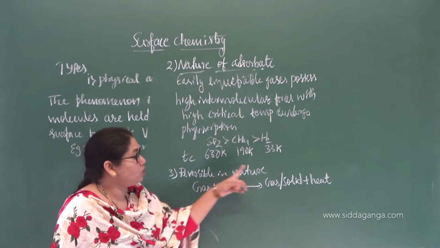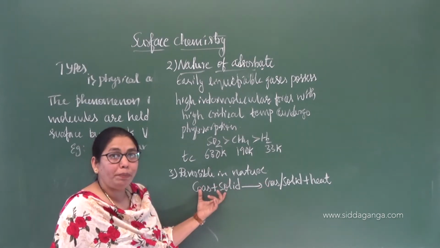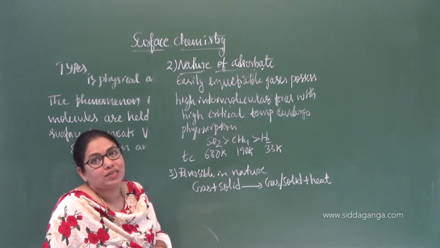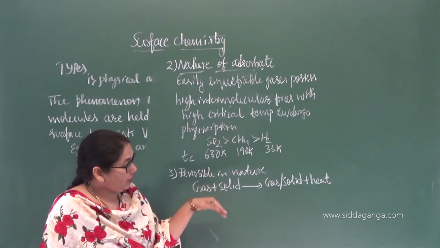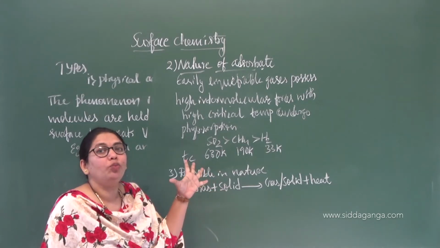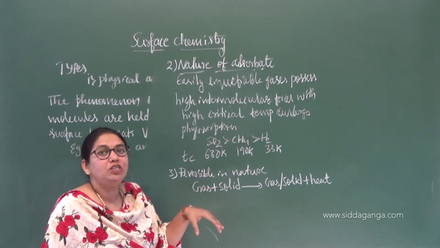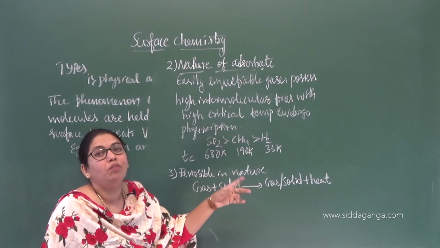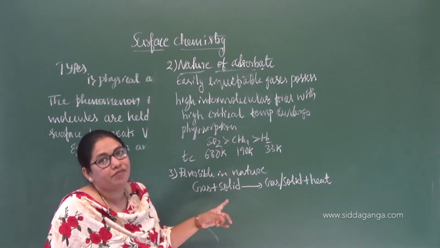What happens to the pressure? If you apply more pressure, only then will the gas adsorb on the surface of the solid. Once the pressure decreases, the volume increases. Pressure decreases means volume increases. Then there will be desorption, the removal of the adsorbed molecules from the surface.